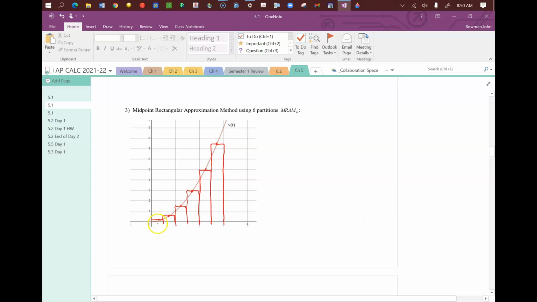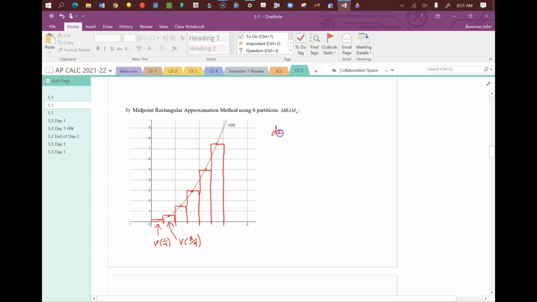So in this case, our first height is going to be at v of 1/4, and since we're in half-second increments, the second one, its height is going to be at v of 3/4, and so on and so forth.